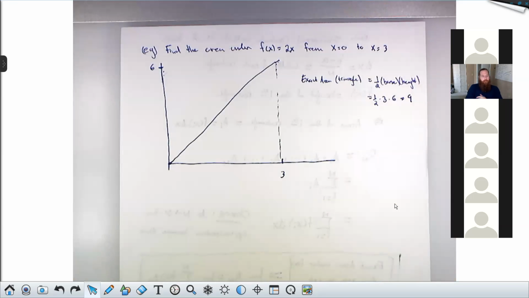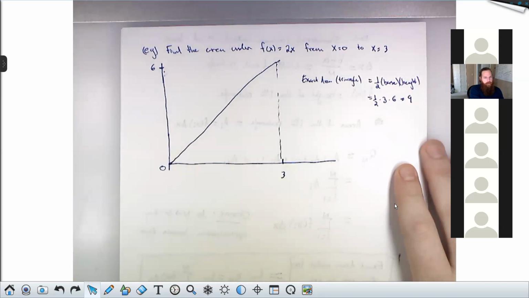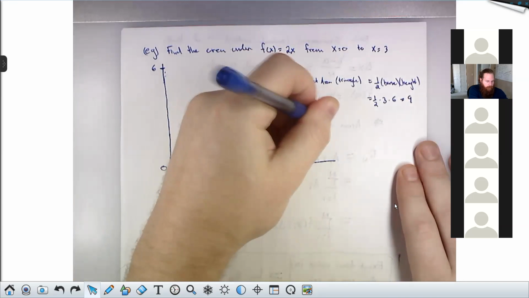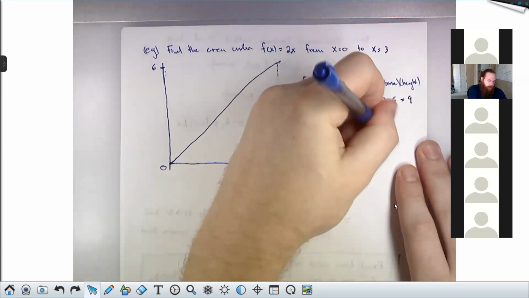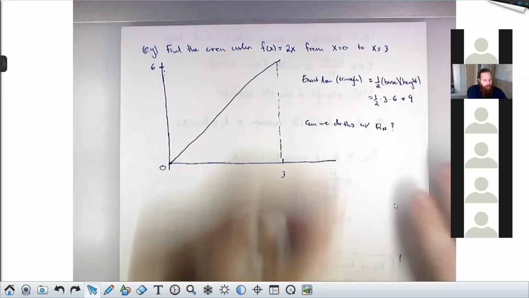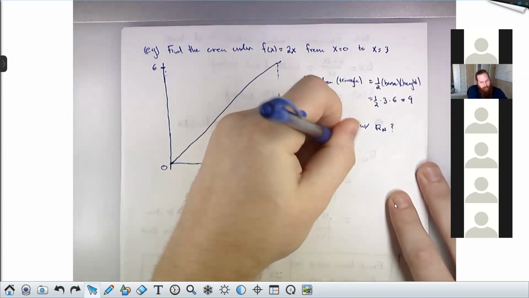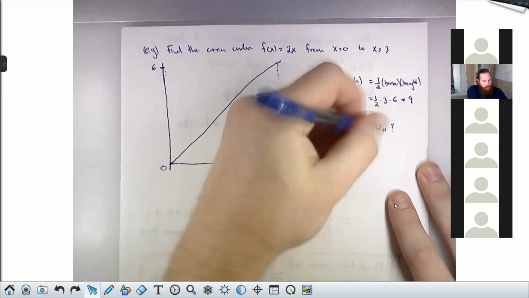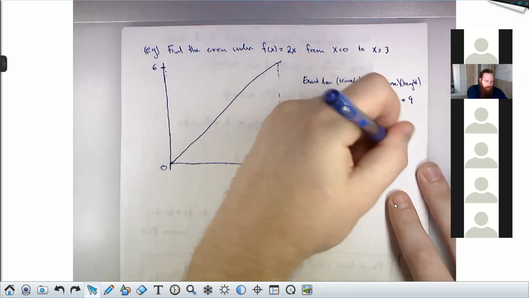But now I'm going to get there using my Riemann sums. a is 0, b is 3. So can we do this with Riemann sums? First, I need delta x. That's always b minus a over n, which is 3 minus 0 over n, which is 3 over n.